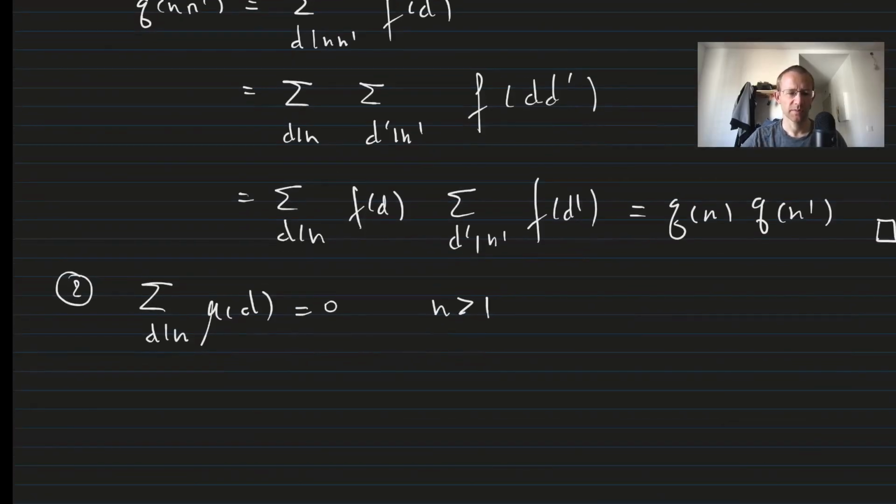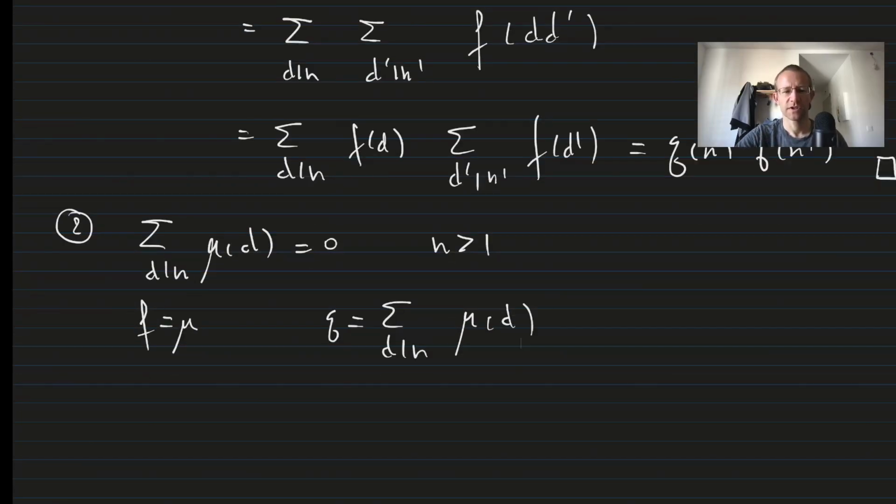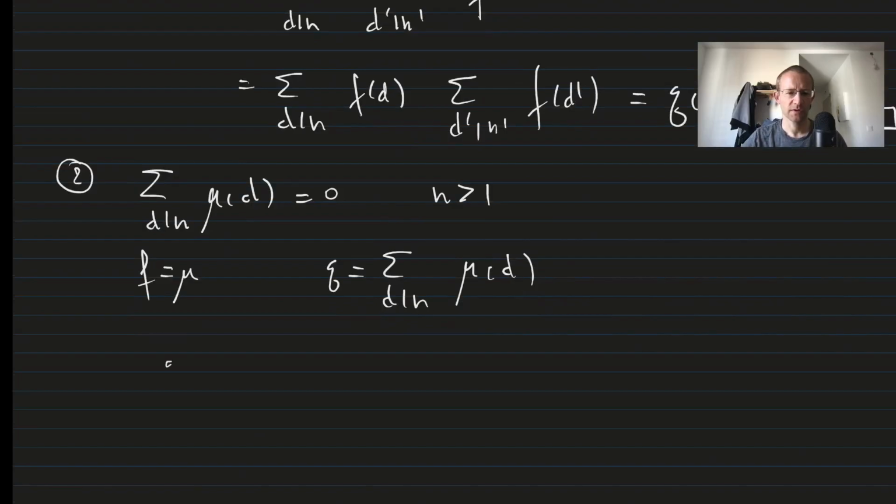We do this by applying multiplicativity to f equal to mu, and then g is nothing but the sum over d that divides n of mu of d. So now we have to prove that g is 0, of course, for n bigger than 1. Now g of 1 is 1, and g of p to the m, by the definition of the Möbius function, is nothing but 1 plus mu of p.